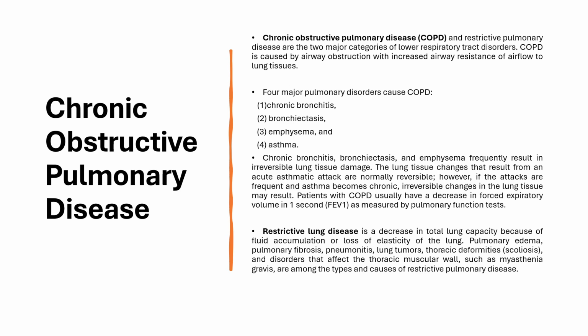You have your chronic bronchitis, bronchiectasis, emphysema, and asthma. Chronic bronchitis, bronchiectasis, and emphysema are a result of irreversible lung tissue damage. The lung tissue changes, which result from an acute asthmatic attack.